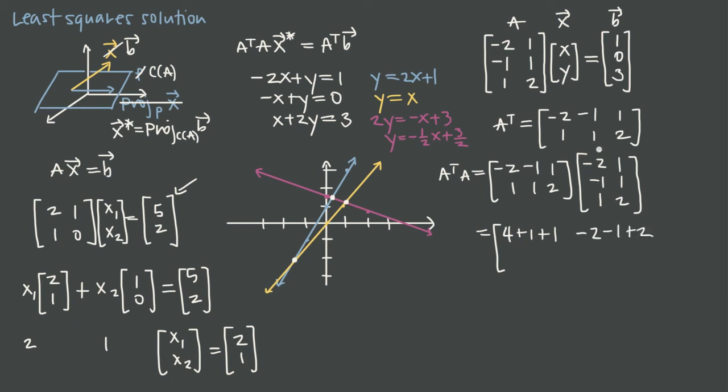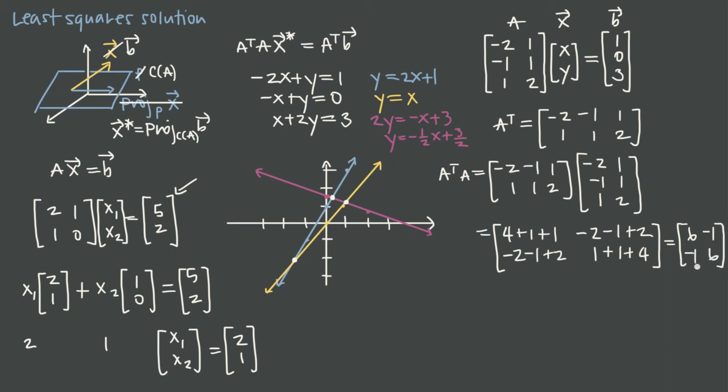The second row by the first column is going to be -2 minus 1 plus 2, and the second row by the second column gives us 1, 1, and 4. So the result there then is 6, -2 minus 1 is a -3, -3 plus 2 is a -1, -2 minus 1 is a -3, -3 plus 2 is a -1, and then 1, 1, 4 is 6.